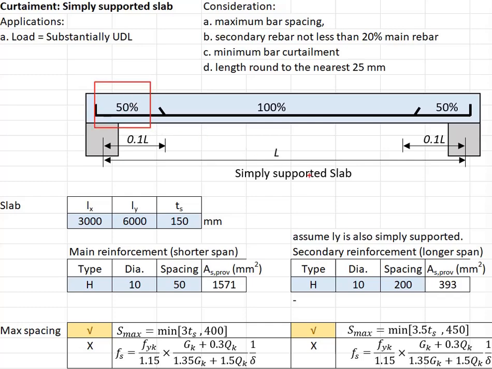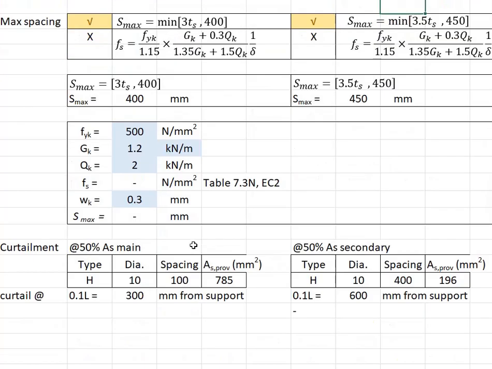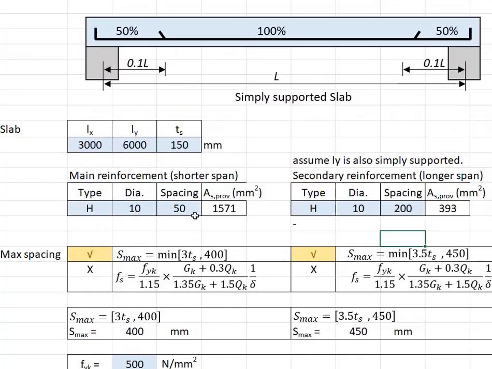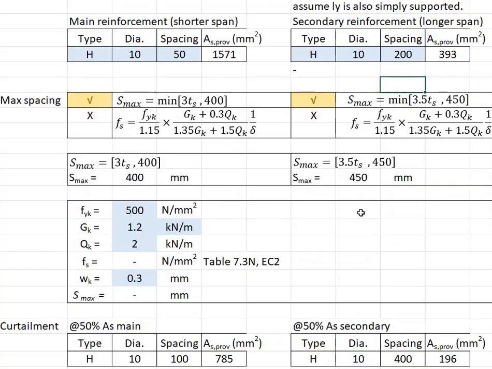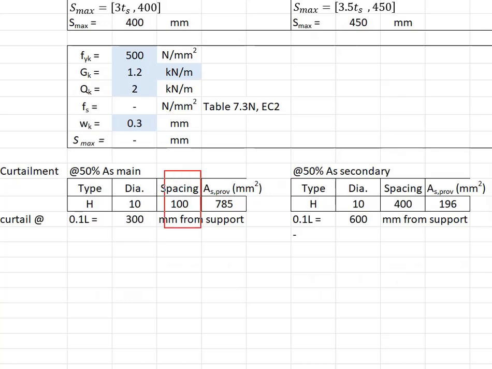Reducing by half the amount of reinforcement bar is equivalent to doubling the spacing. The spacing of the reinforcement bar at the midspan is 50 mm. Towards the support, some of the bars are curtailed. Every 2 bars, 1 bar will be curtailed, leaving you the spacing of 100 mm near to the support.